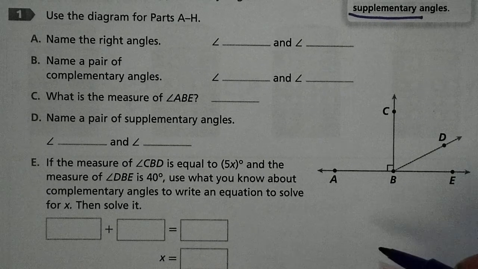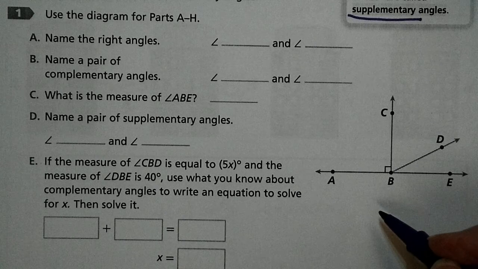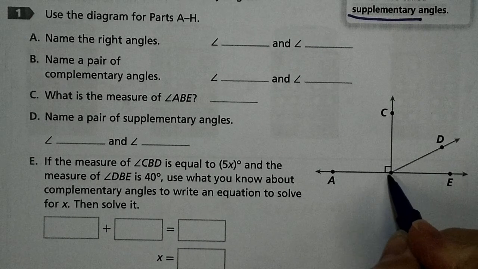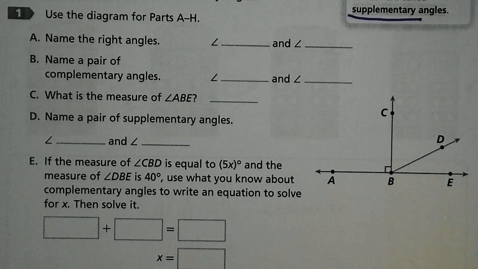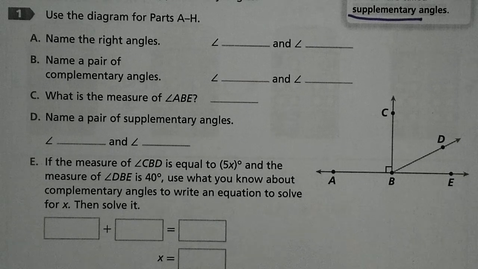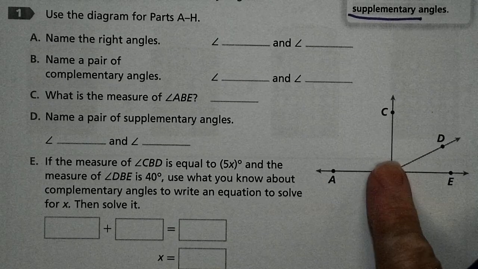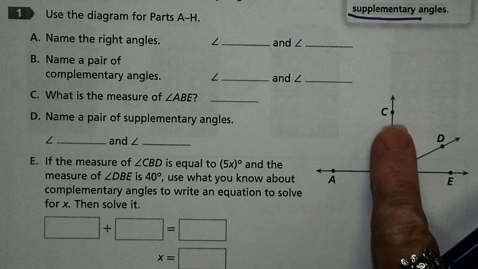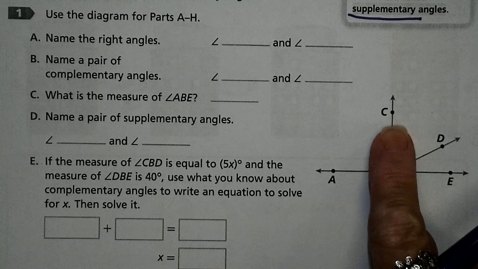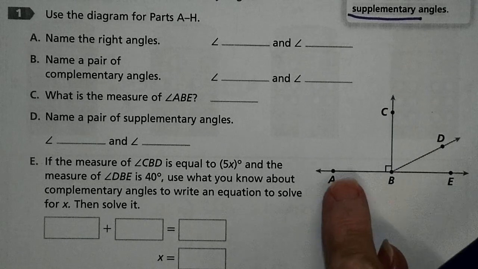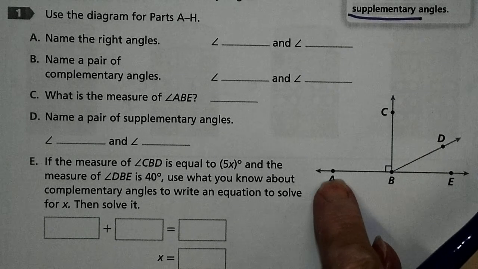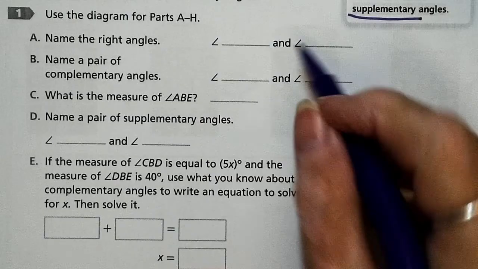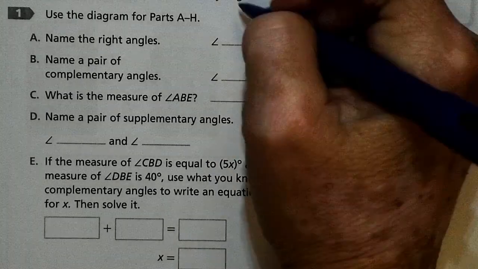So when you label an angle, the angle that you are looking at is always the letter in the middle. Okay, so if I was going to name this angle, I could either label it as A, B, C, or C, B, A. I'm going to start with A, B, C because that just sounds better, right?